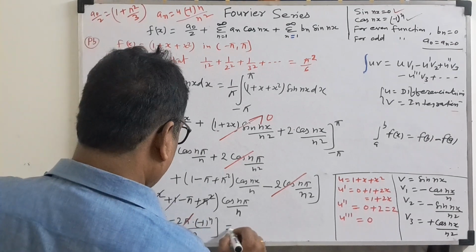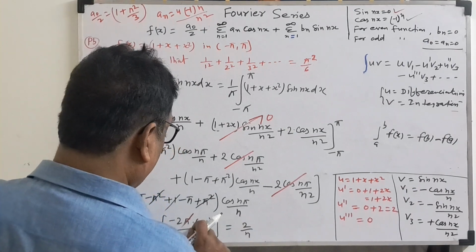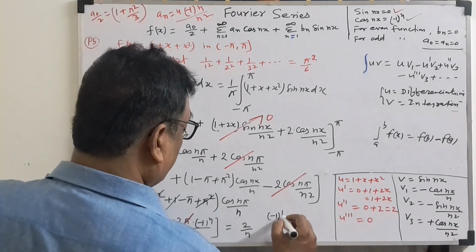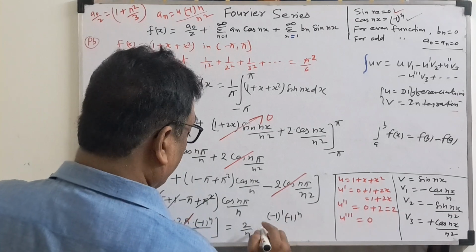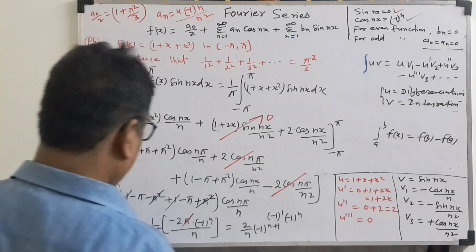So what is happening here? 2 by n, minus 1 is there, and minus 1 power n is there. So minus 1 power 1 and minus 1 power n. Base same, power can add. So you can write minus 1 power n plus 1.